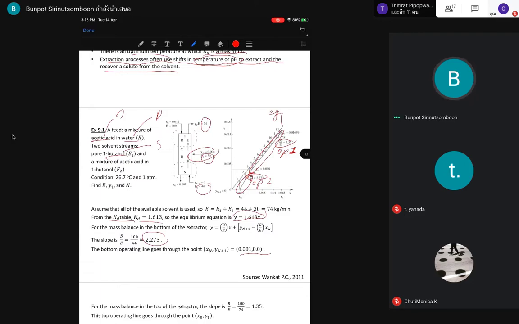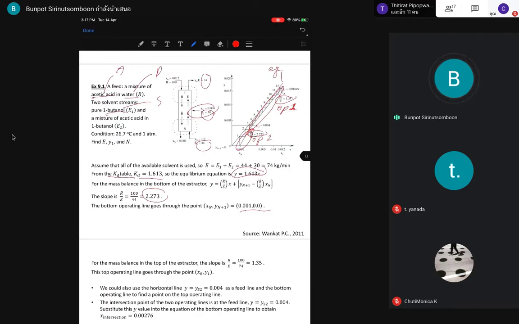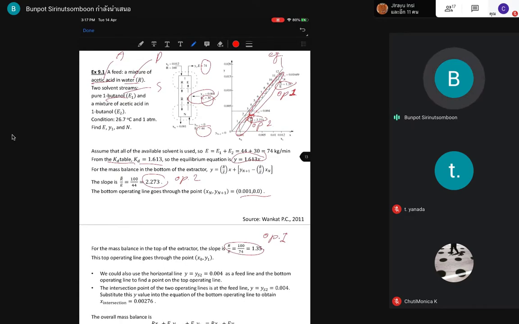And then for the top, this is operating line 2, and for operating line 1, you have this slope here, R over E. What you need to know next is just 1 point.